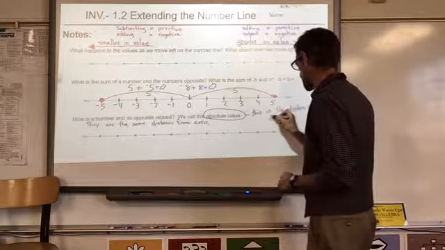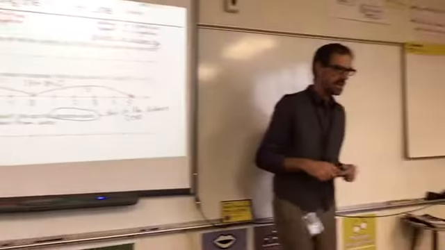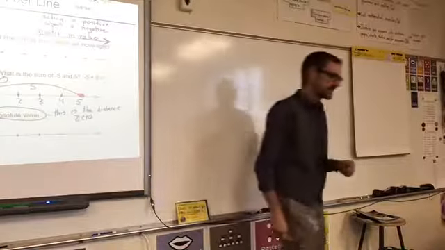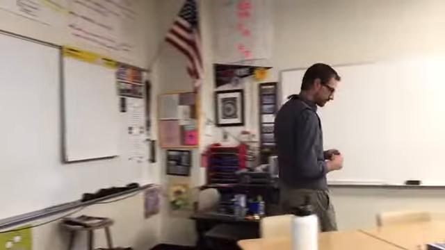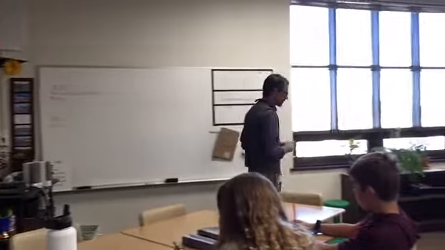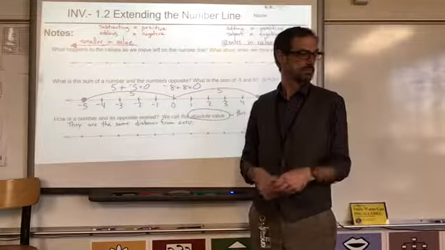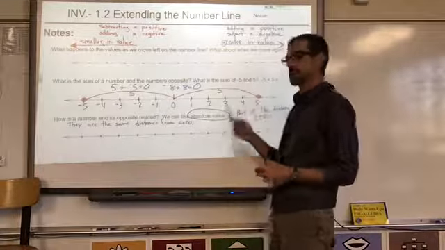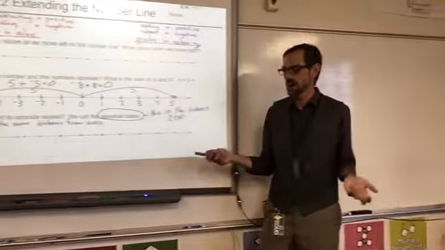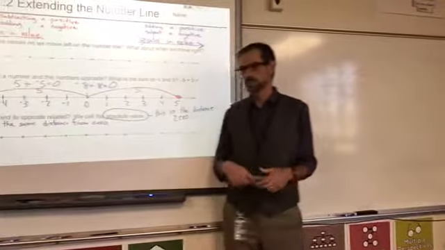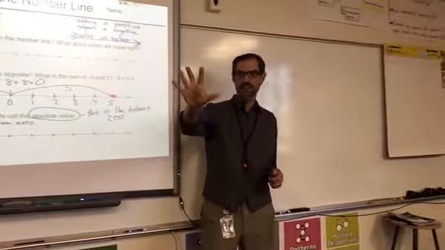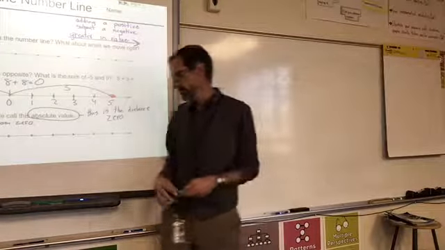How far something is from 0 is what we call absolute value. So negative 5 has an absolute value of 5 because it is 5 spaces from 0. Positive 5 has a value of 5 in absolute value terms because it is 5 spaces from 0.